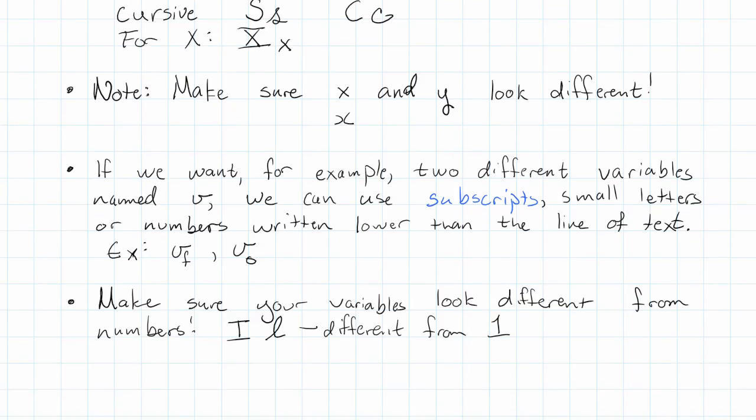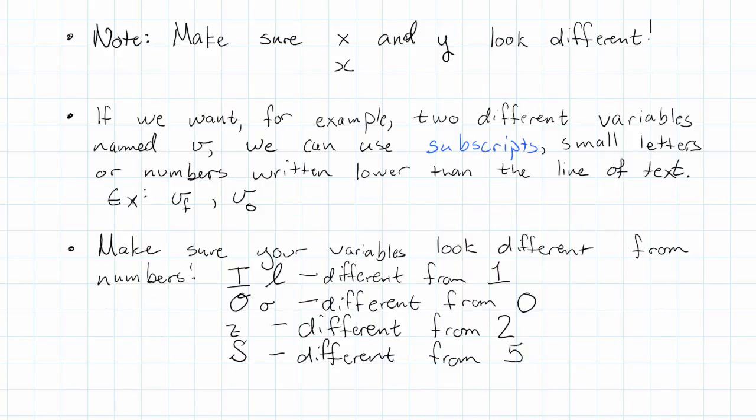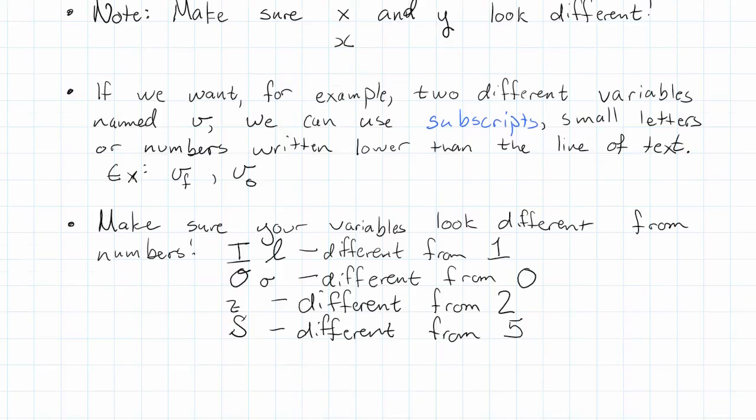If you have a variable named capital O or lowercase o, make sure those look different from 0. Make sure the letter Z looks different from 2. For some of these letters, this is going to have to involve practicing a modification to your handwriting. It doesn't really matter what practice you choose, but it's something to pay attention to.